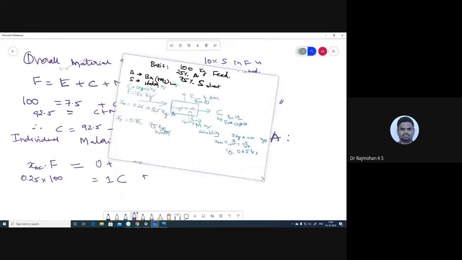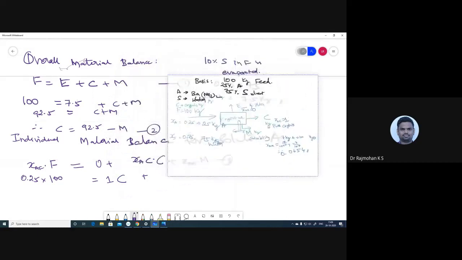XAM value is 0.0654. How did we determine that? It is given that the solubility at the operating temperature is 7 kg in 100 kg of water. Therefore, the mole fraction is 7 divided by 100 plus 7, which is 0.0654.